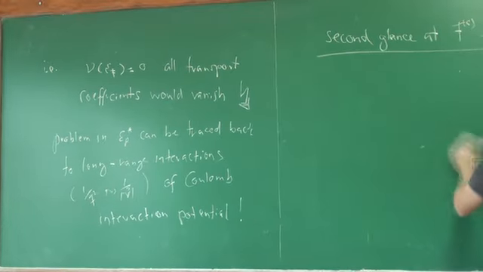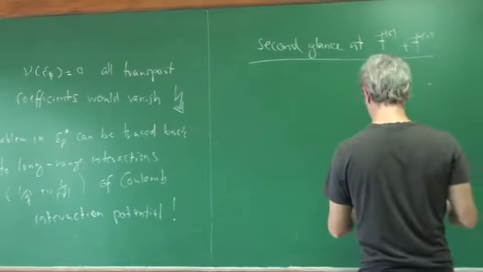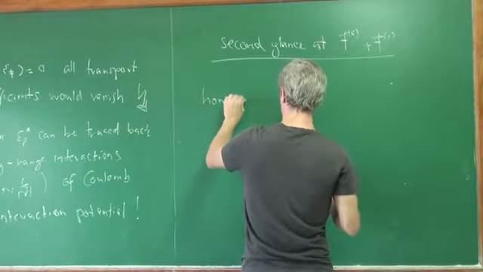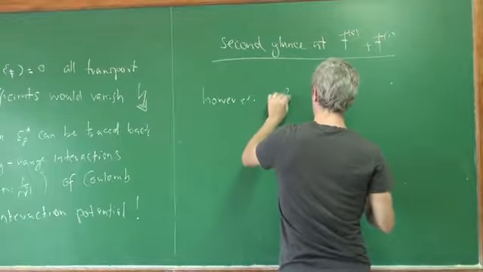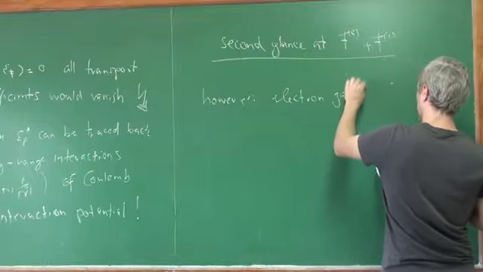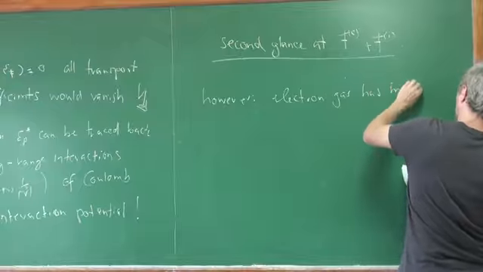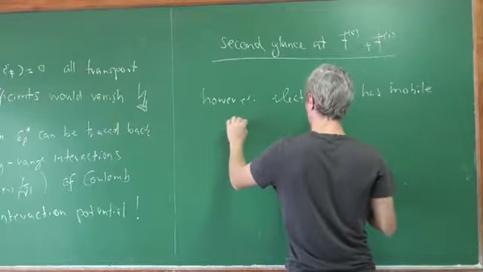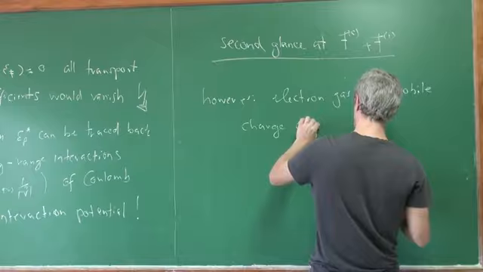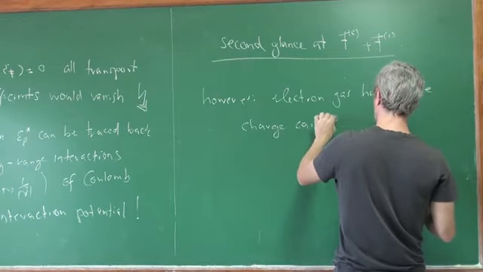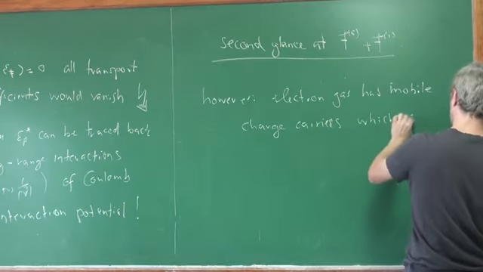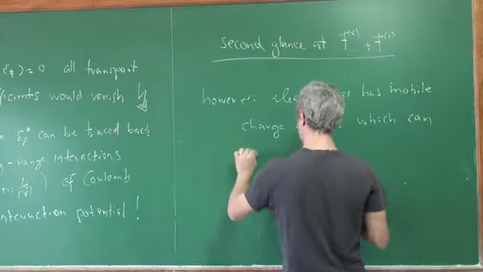And then you notice that however the electron gas at large densities has mobile charge carriers, so they can just rearrange however they like. Carriers, and if they are mobile, then they will tend to screen interactions.